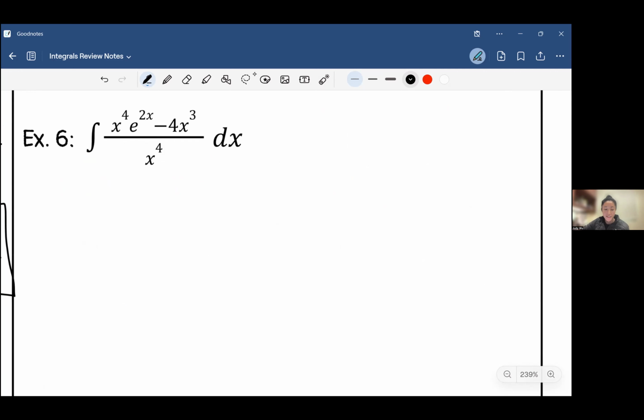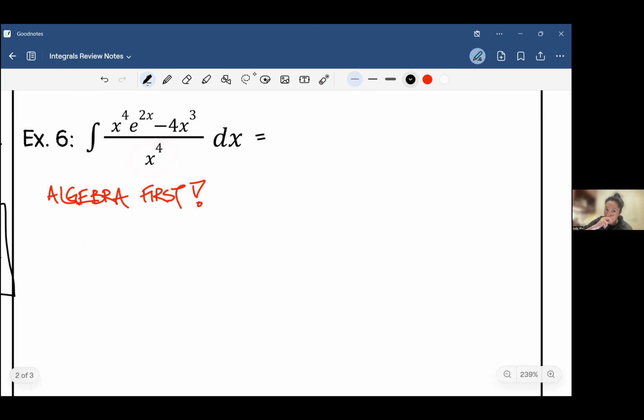All right. So for example number 6, again, kind of looks complicated, but let's lead with our algebra. And the reason why, not just because it's a fraction, but because kind of like the last one, I just see one term in the denominator. So we're going to lead with our algebra first, see how far that gets us.